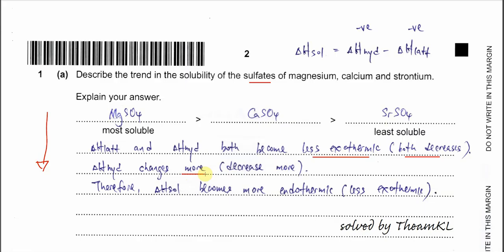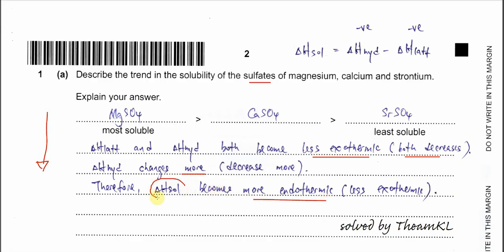When the hydration enthalpy decreases more, this value will be more positive. So when this value minus the lattice enthalpy, the enthalpy change of solution will be more endothermic. More endothermic means it's less soluble.